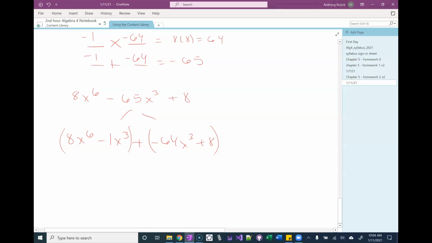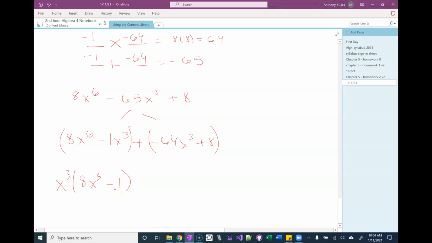The first group we can take out a greatest common factor of x cubed. Very good. That leaves us with 8x cubed minus 1.